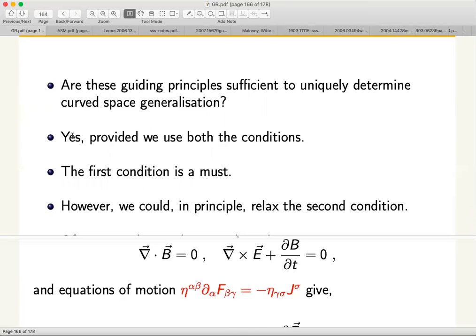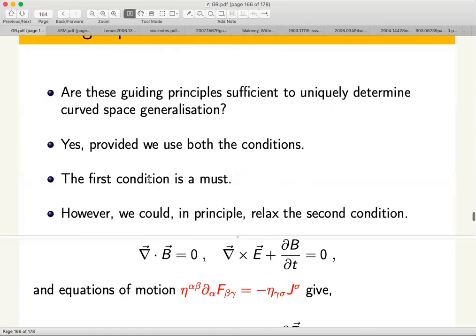And the answer is yes, provided we use both the conditions. That means we demand that the equation is general coordinate covariant, and that in the local Lorentz frame, whatever covariantized equation you have written down reduces to the flat space equation. In case of electrodynamics, it would be this equation. So if you demand both, the answer is unique.